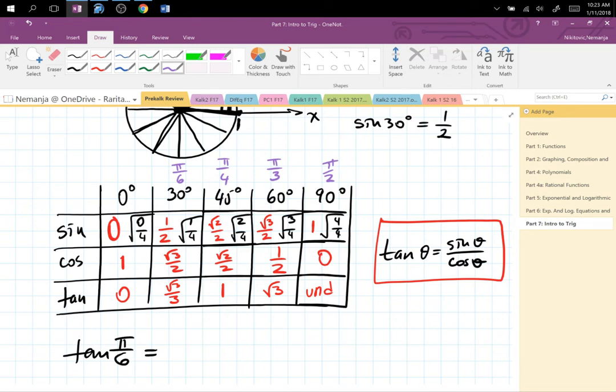Pi over. What's tangent of pi over 6? Root 3 over 3. Yeah. So, sine of an angle is going to give us a number.